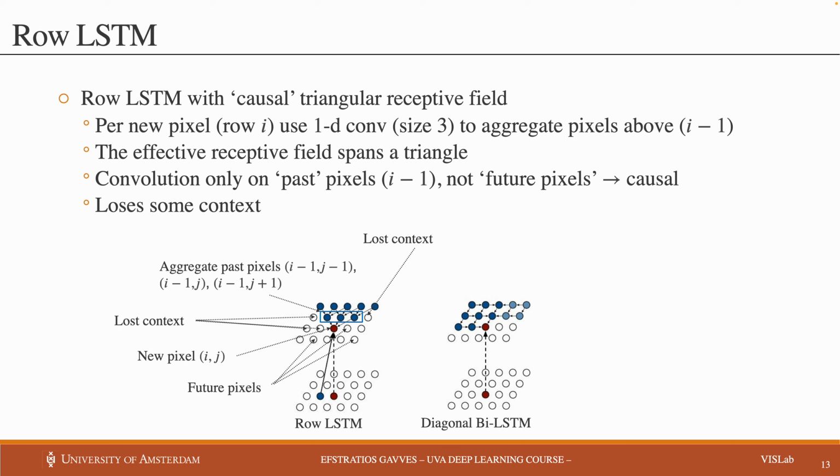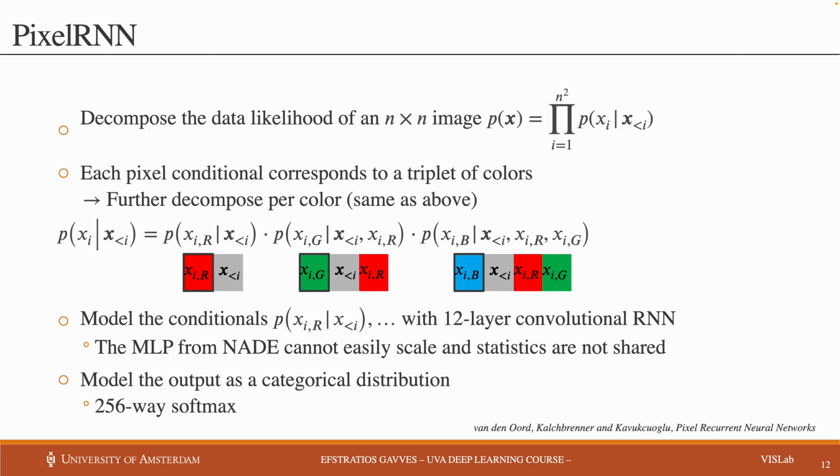Yeah. Do they use a mask too? Well, basically you can see this as a mask. The way that they model the operation is basically like masking the inputs. They have this particular shape because they have the 12-layer convolutional RNN.